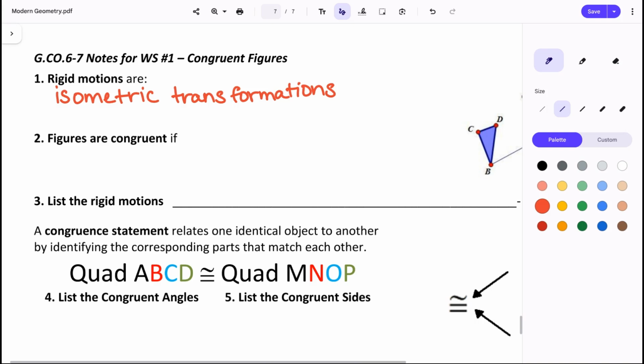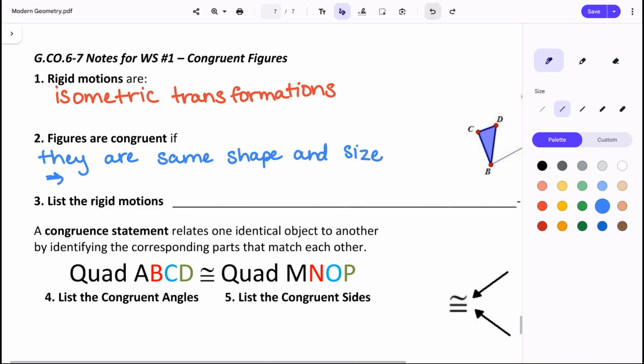Figures are congruent if they are the same shape and same size. They might also say something like shapes that carry onto each other.